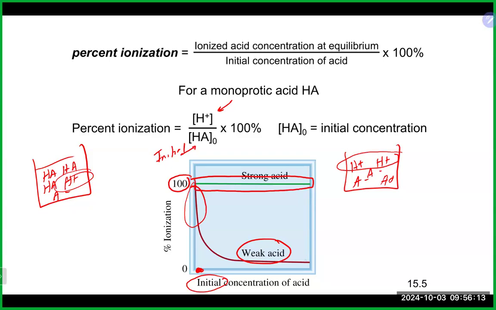We see a dramatic drop in percent ionization as the concentration increases, and that would be more like you've got a full pizza and you took one slice out. It's not as big a percentage at that point, so we'd see a much lower percent ionization there. That is also why concentration matters when you do your check of the assumption, is it good or bad?